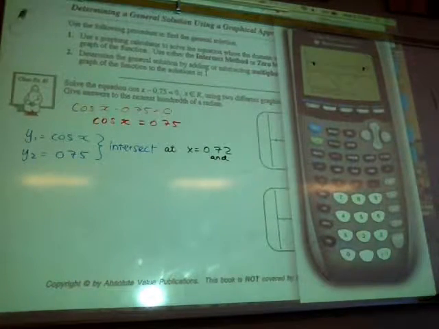Okay, so I found 0.72, that's to the nearest hundredth. Now I'm going to find the next intersection point. Second trace, 5. Move the cursor all the way over. Get nice and close, and then press enter 3 times. And you get 5.56.